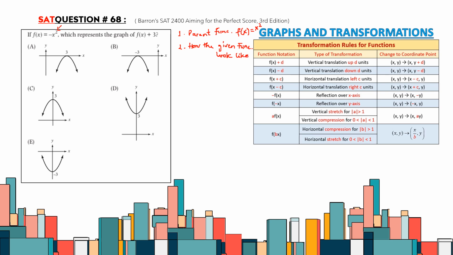At first we see that the parent function has a graph that looks like this, that is y equals x squared. Now the given function, how does it look?